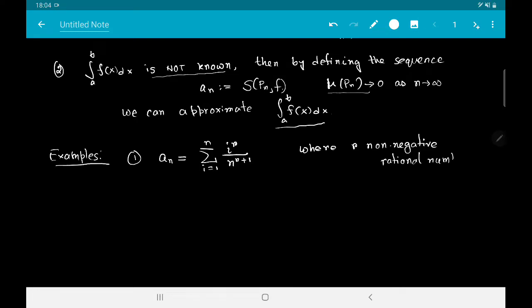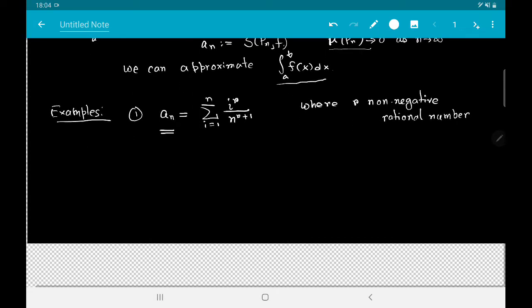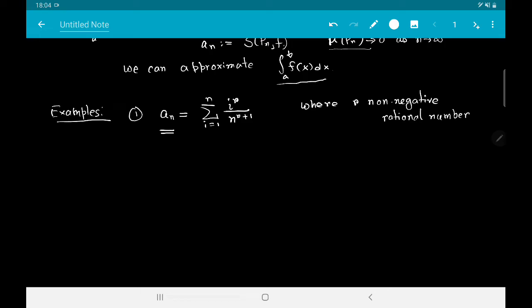Now let us see if we can identify this sequence with a Riemann sum of some function which is known to be integrable and whose Riemann sums are known. So what do we do about it?